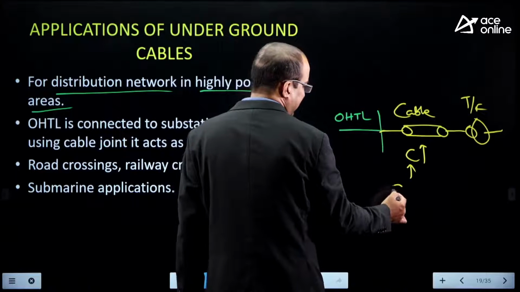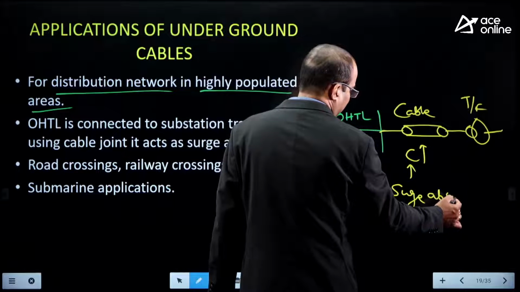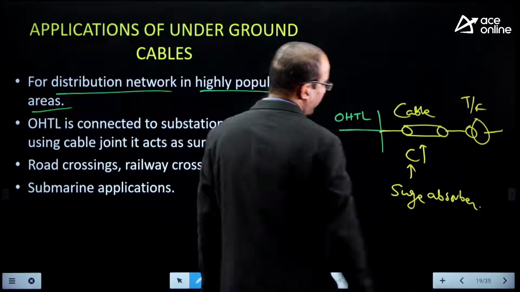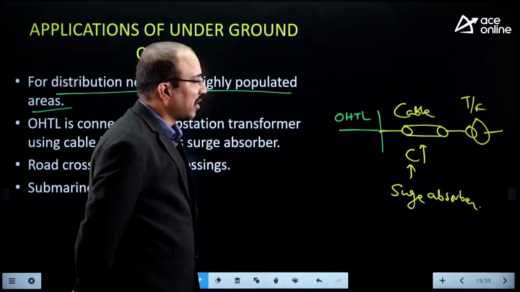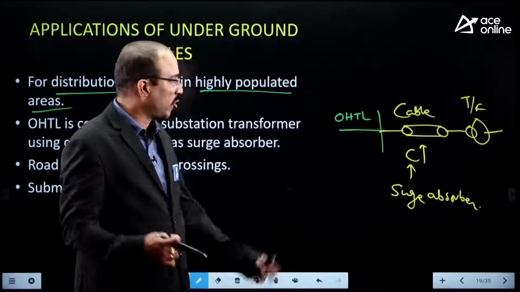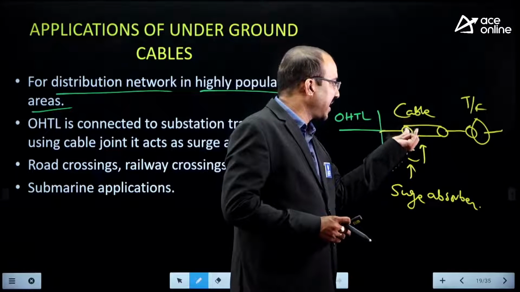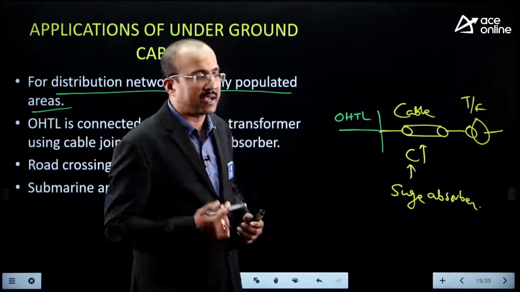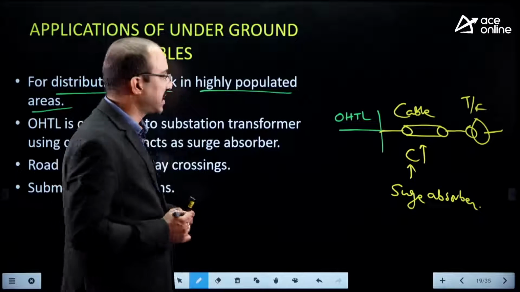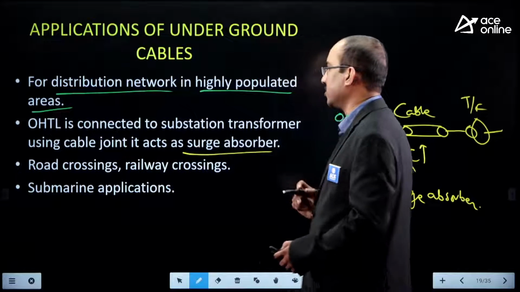It acts as surge absorber. Okay, it reduces the steepness of the traveling wave. So, overhead transmission line is terminated into a substation. By using the cable, it is connected to a transformer, so that it acts as what? Surge absorber. Okay, so cable acts as surge absorber.